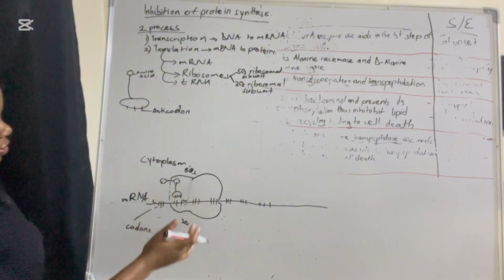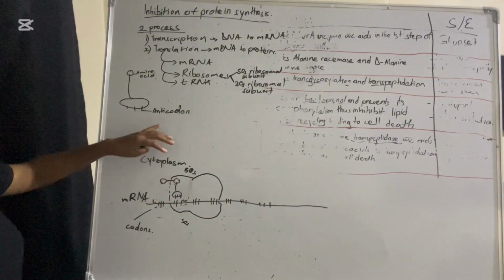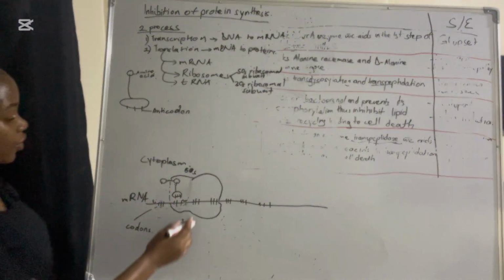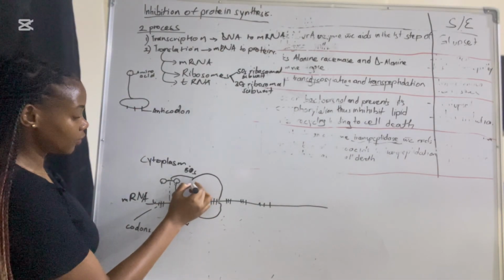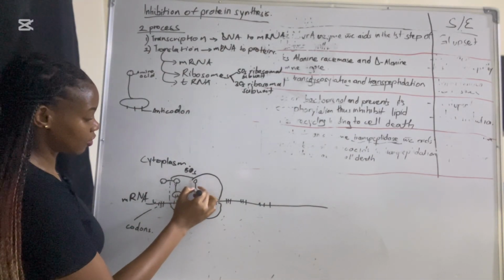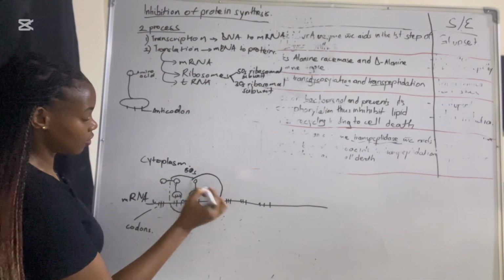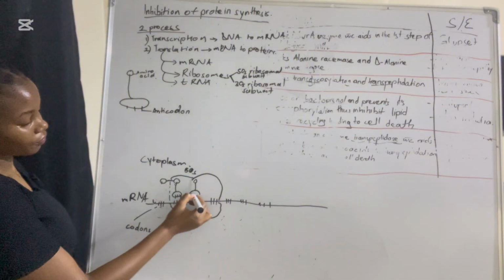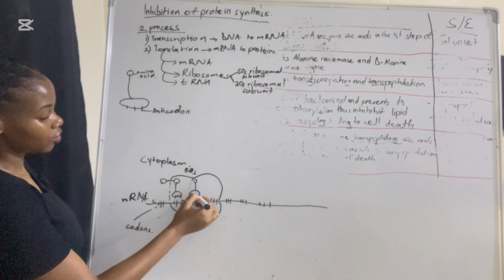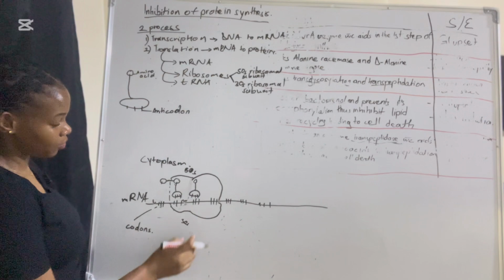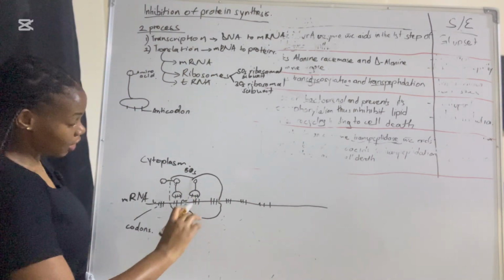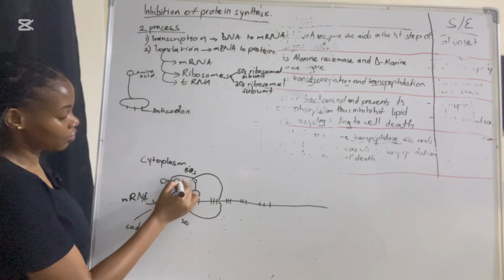So once it has shifted, other transfer RNA are going to come and join on. There's going to be complementary pairing between the codons of the messenger RNA and the anticodons of the transfer RNA.